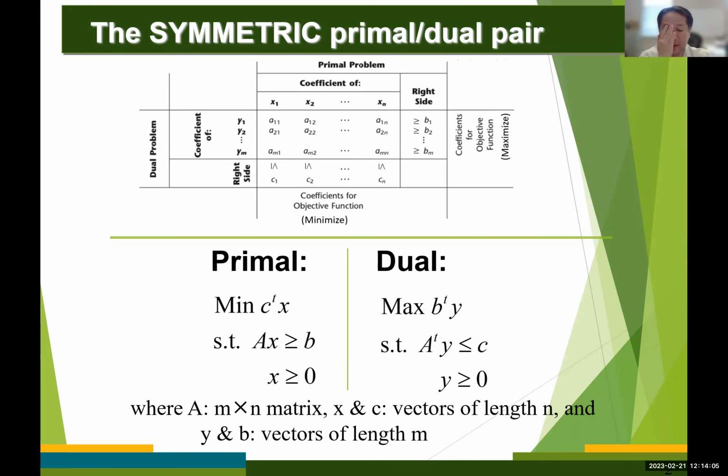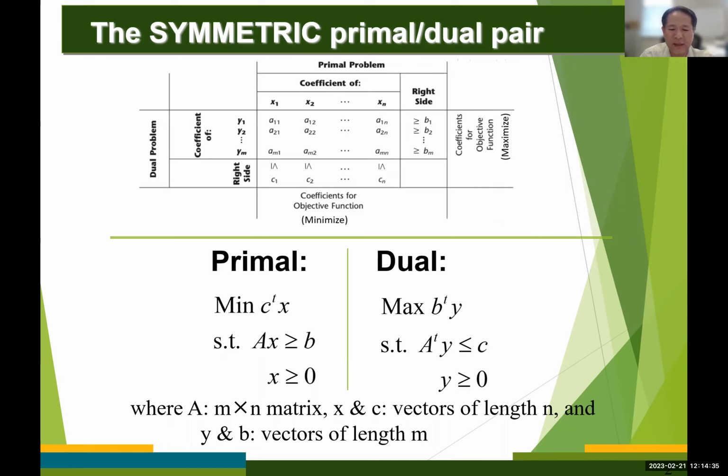We discussed that this symmetric primal dual pair has some characteristics, right? If the primal LP has m constraints and n decision variables, so the primal LP is an m by n system, then the dual LP is n by m.